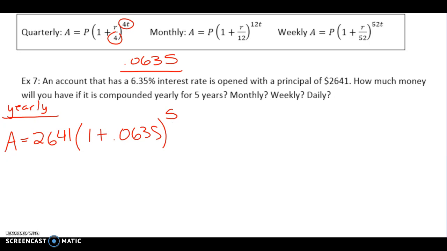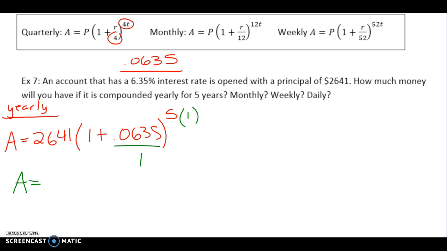Why didn't I write divided by 1 and 1 times t? It's only 1 year. It's the formula we used like 10 minutes ago. If I divide by 1 and multiply 5 by 1, does that affect anything? No. So it's the exact same formula, just divided by 1 and times 1. So throw that in your calculator, and that's how much after 5 years we would have.